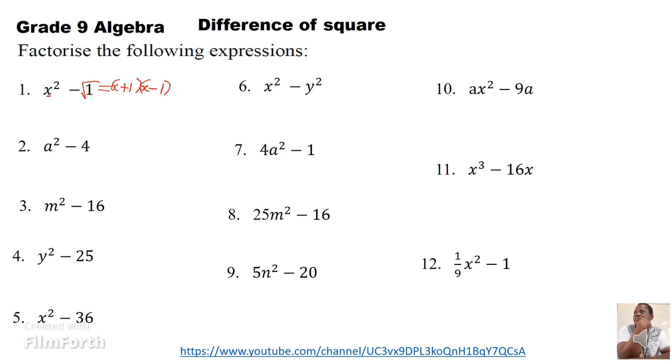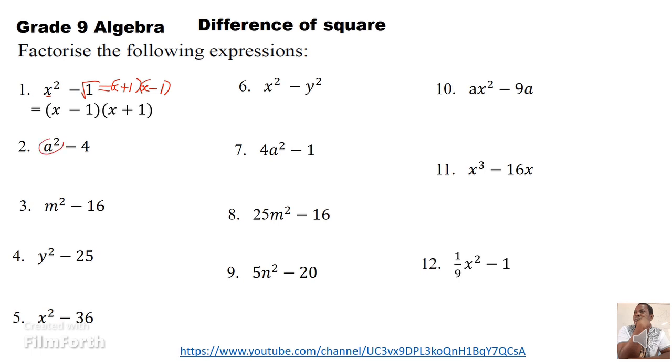That's about it. Let's have a look at the second one. I want to factorize the expression given, which is a squared minus 4. First of all, I'm going to look at this number here.